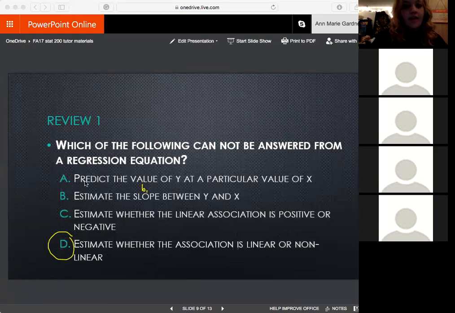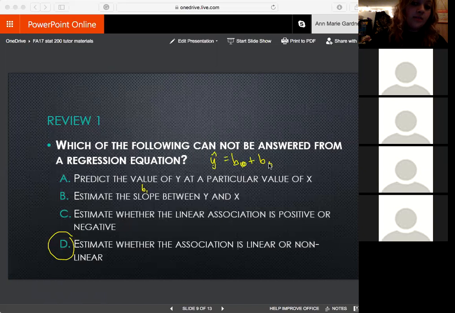And if we predict the value of y at a particular value of x, we're able to do this because you have your y hat equals your y-intercept plus your slope times your x.